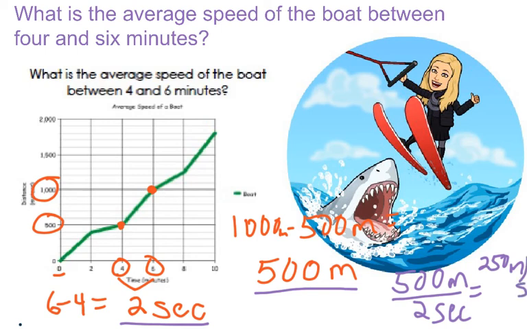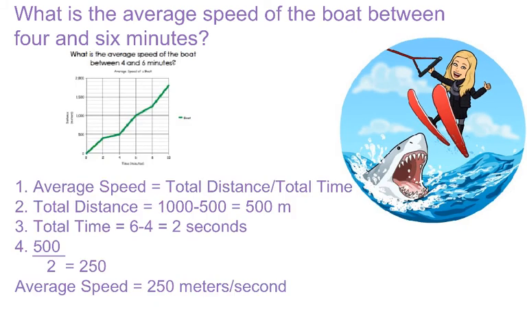Let me make that nicer for you. So now I've typed this up nicely. Okay, so we have an average speed is your total distance divided by your total time. And again, we're starting at 4 and ending at 6, which is 2 seconds different. 6 minus 4 is 2.